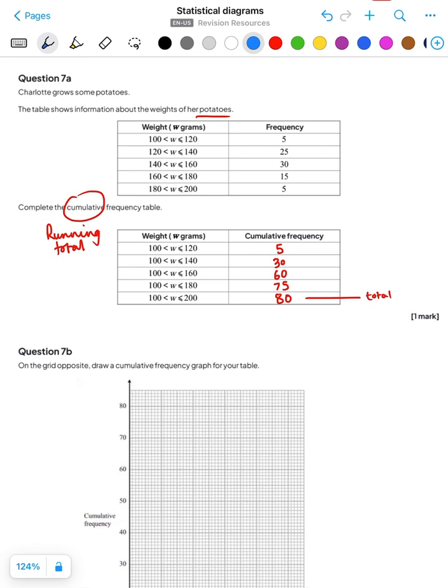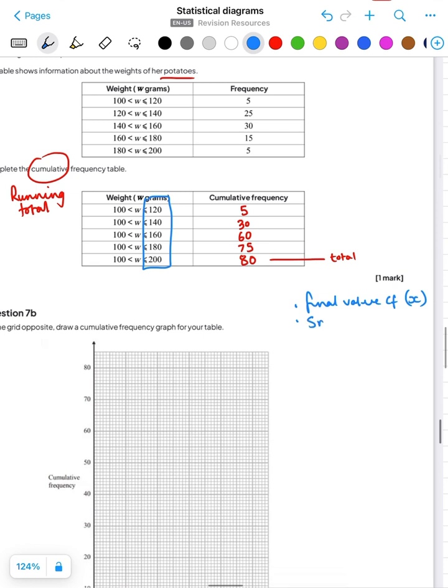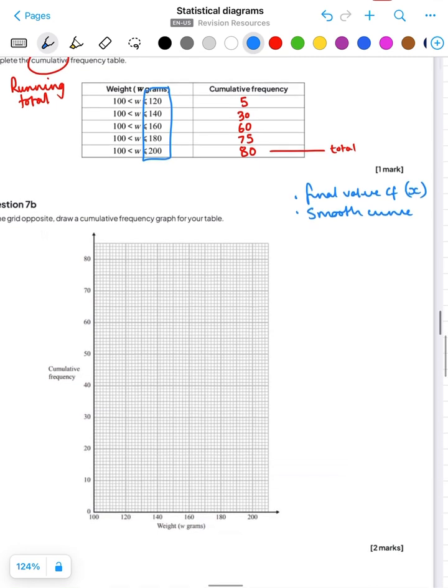Key points for cumulative frequency curves: for our x-coordinate we use the final value in the cumulative frequency group. We join together with a smooth curve. So now plotting our points. Our x-coordinate is 120, our y-coordinate is 5.